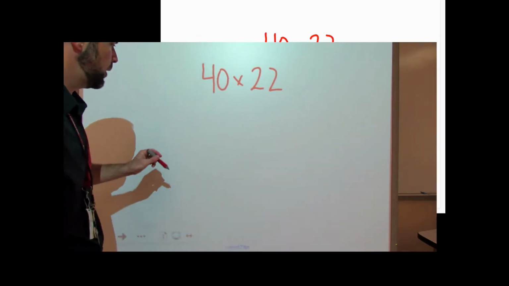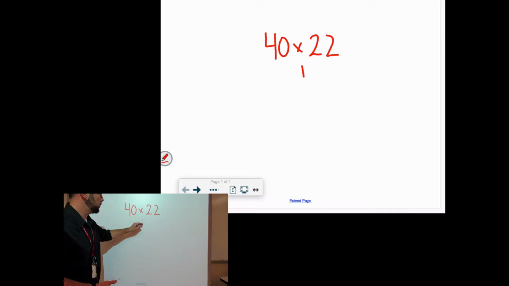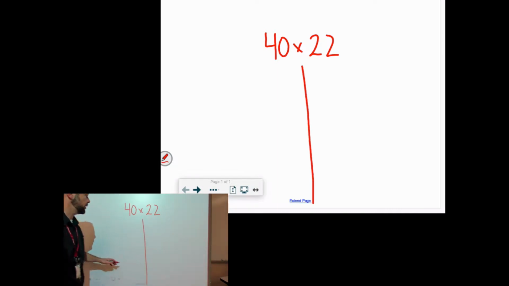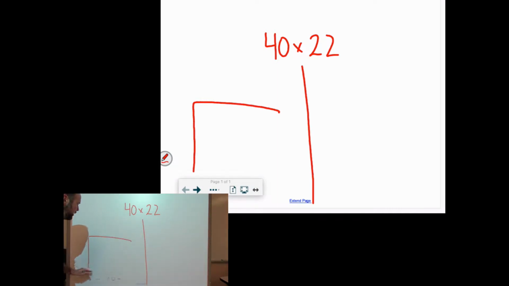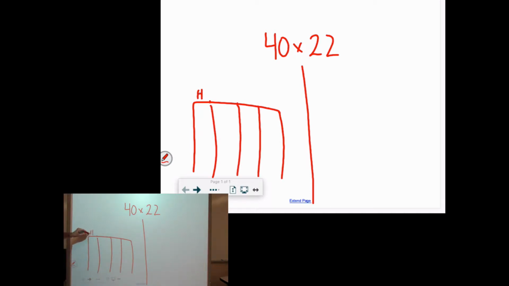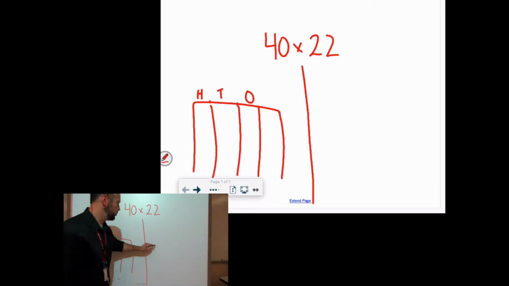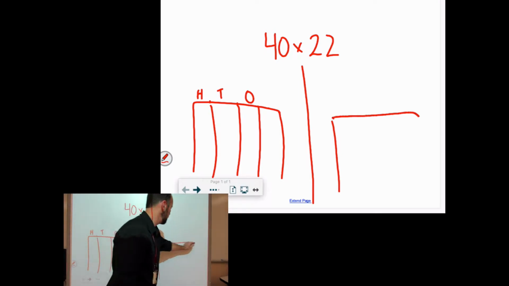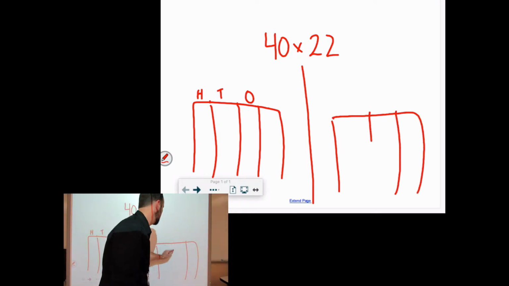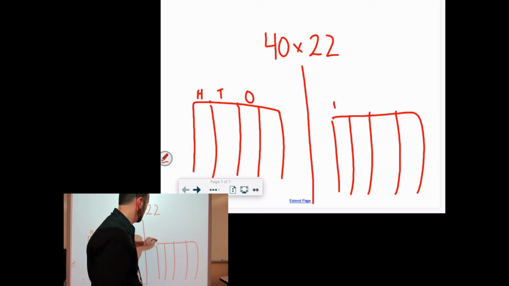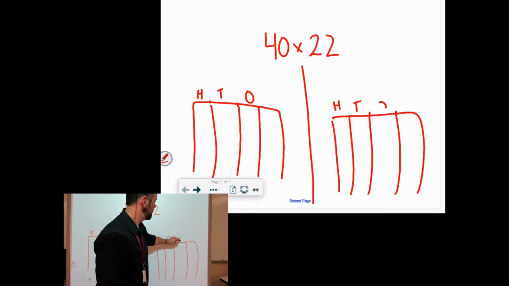I'm going to think about this problem in two different ways, and I'm going to draw two place value charts to help me out. Hundreds, tens, ones. I guess I drew one box too many, but that's okay. Over here I'll do a very similar one, again with my hundreds, my tens, and my ones.